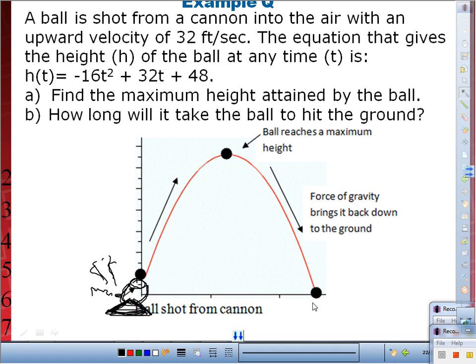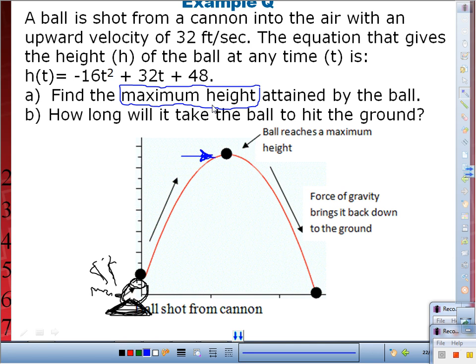Okay. So let's see what they're asking us. Find the maximum height. Looking at this, does everybody see the maximum height? The maximum height is there. Before I continue, think about it. Don't say it out loud. What's another word that we use for maximum height?